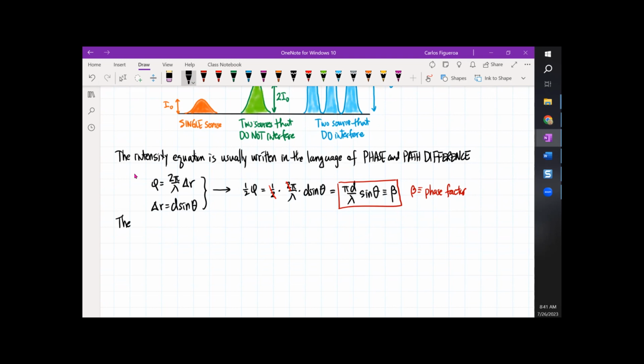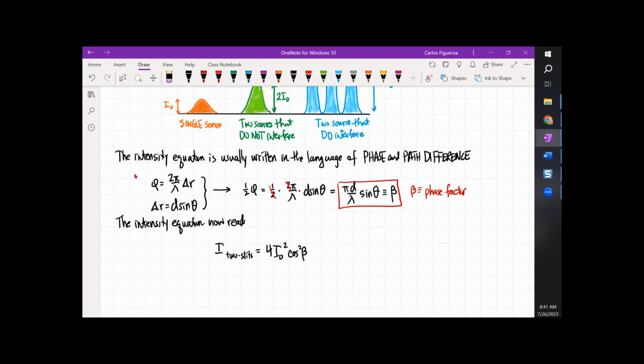So now if I do that, I can go in and write the intensity equation. The intensity equation now reads: the intensity for 2 slits is going to be 4 I naught squared cosine squared of beta, like this, but we don't write that.